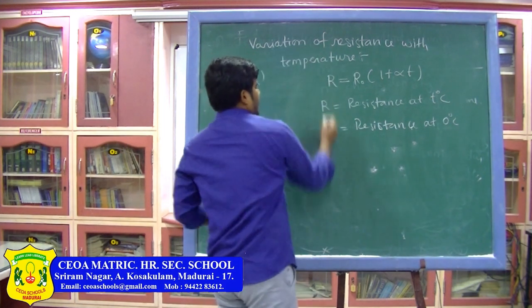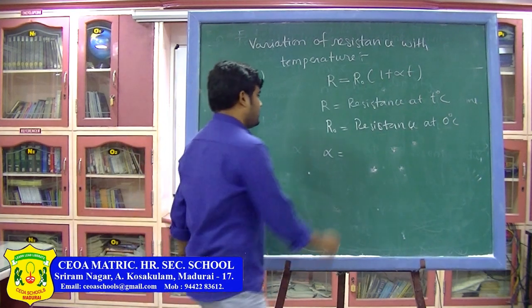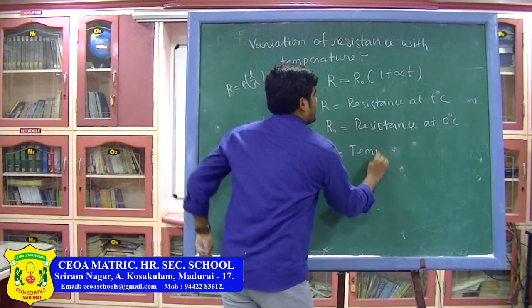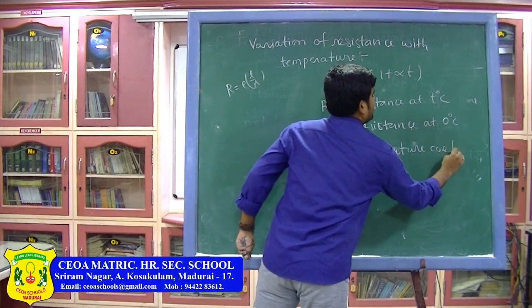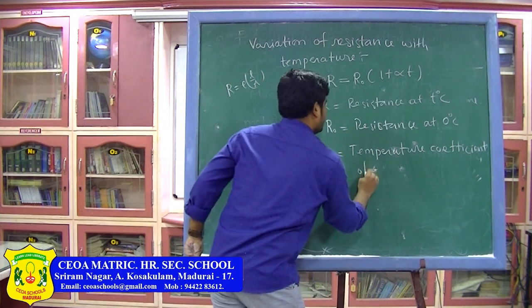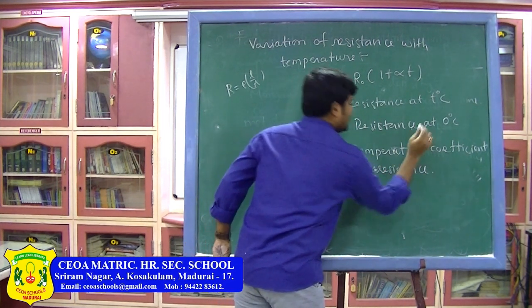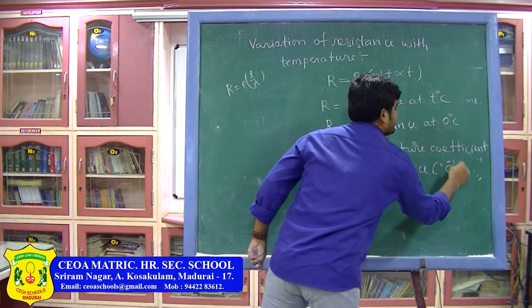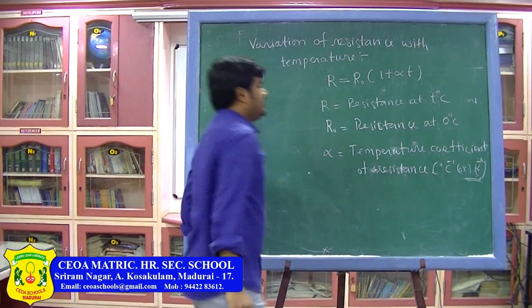Now alpha is once again the temperature coefficient of resistance. The units are per degree Celsius or per kelvin.